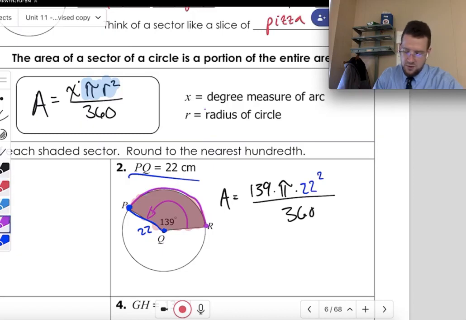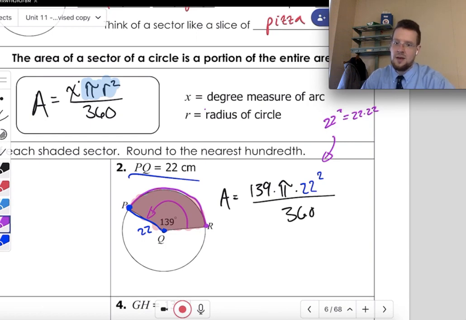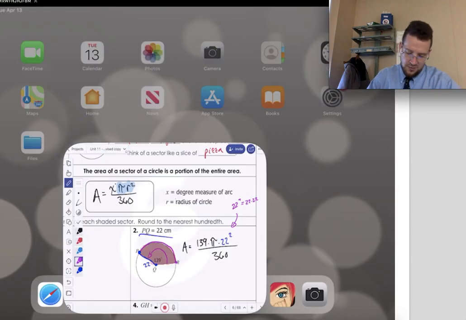I know that 22 squared is just 22 times 22, and that's what I'm going to put in the calculator. If you have a calculator with a squared button, be more than willing to press it. I'm just using the Google calculator.